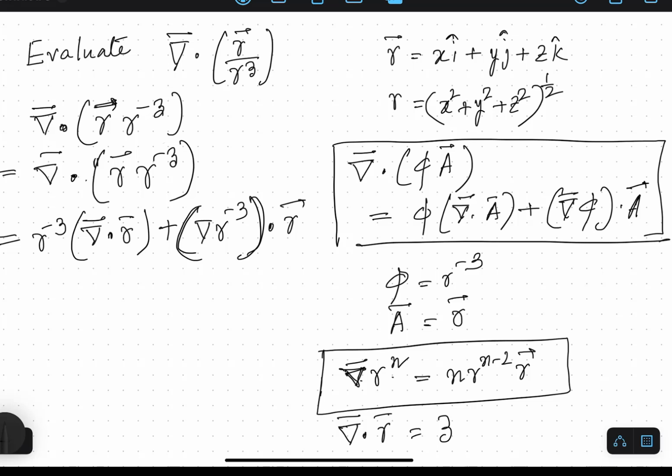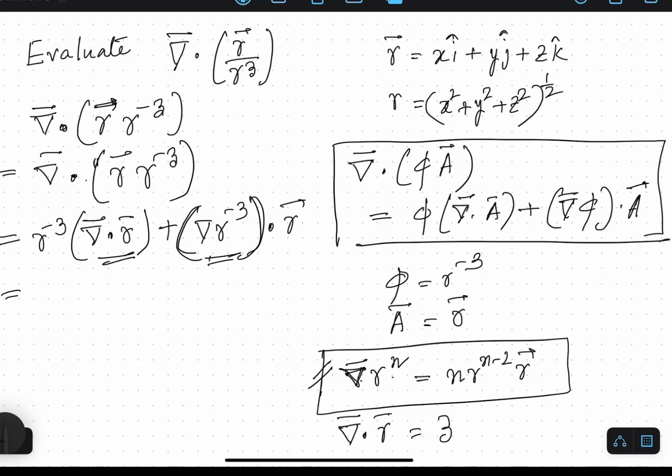You can directly use the value 3, and I will use the identity grad of r to the power of n equals n r to the power of n minus 2 vector r.